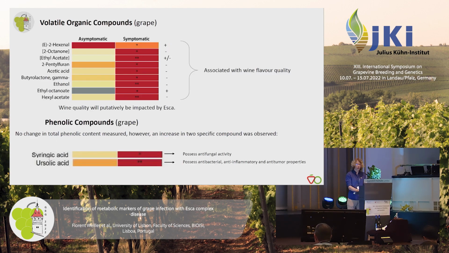We are now looking a bit more in detail at the volatile organic compounds. Those are quite interesting and important for the grapevine community, as they are mostly responsible for flavor. You can see here on the individual ones a plus or minus to mention whether each component is associated with what is perceived as positive or negative flavor in your wine bouquet.